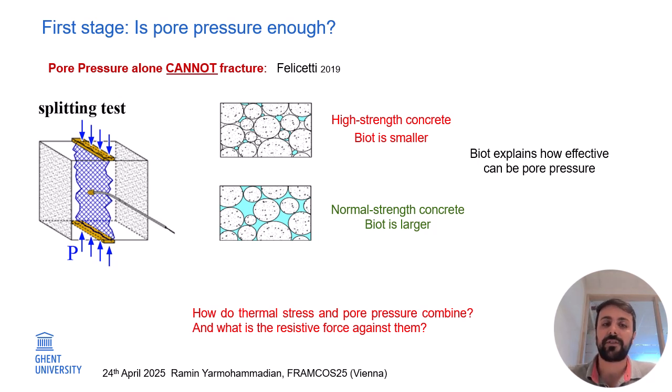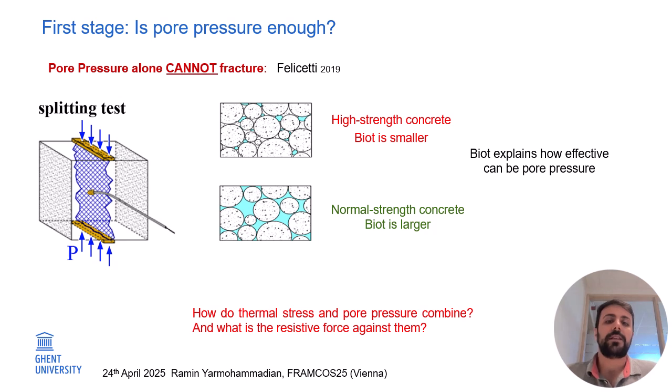Pore pressure can reduce the tensile strength, but it cannot fracture alone. And this connection between pore pressure and the reduction of tensile strength depends on how the pores are distributed in the fracturing plane, or how pores or damage are connected with each other.